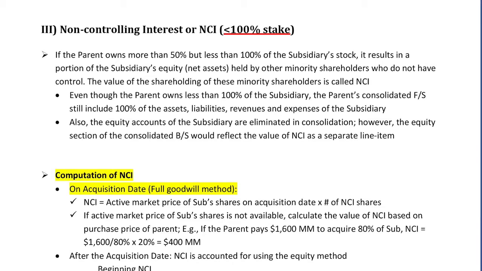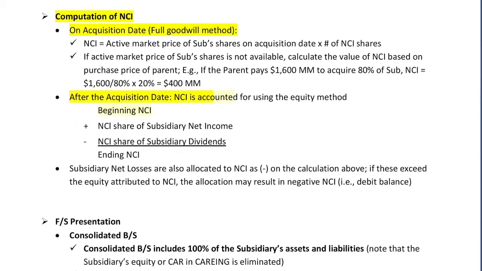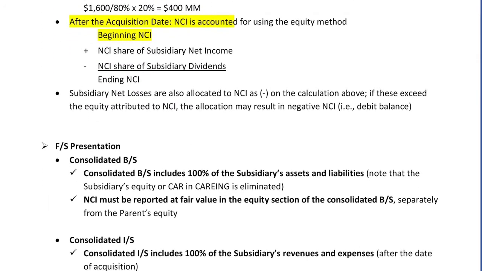And then highlight after the acquisition date NCI is accounted for using the equity method. Highlight beginning NCI, and to that you add highlight NCI's share of the subsidiary net income. Highlight subtract NCI's share of the subsidiary's dividends, and that gives you highlight ending NCI.